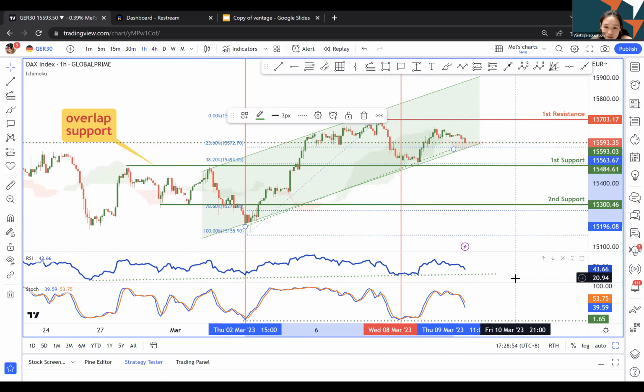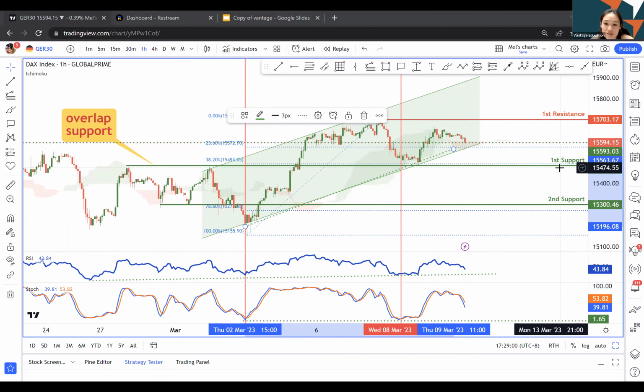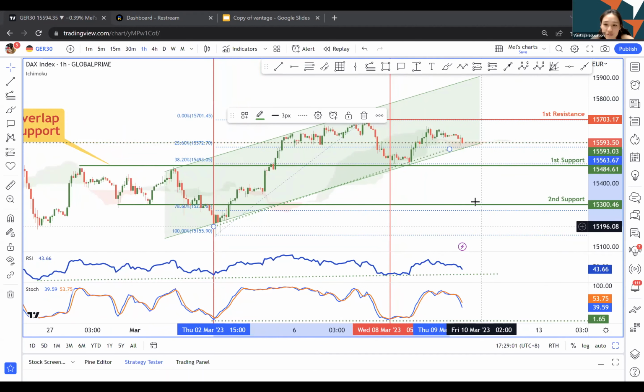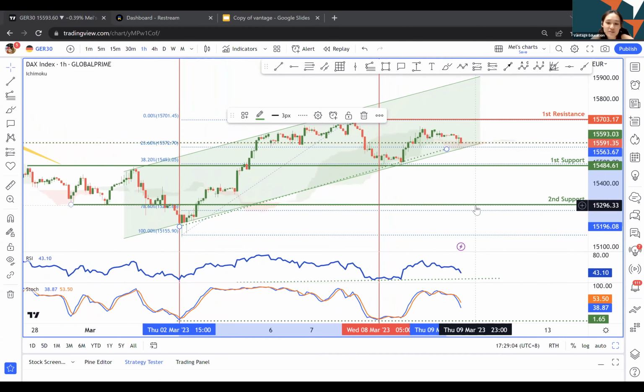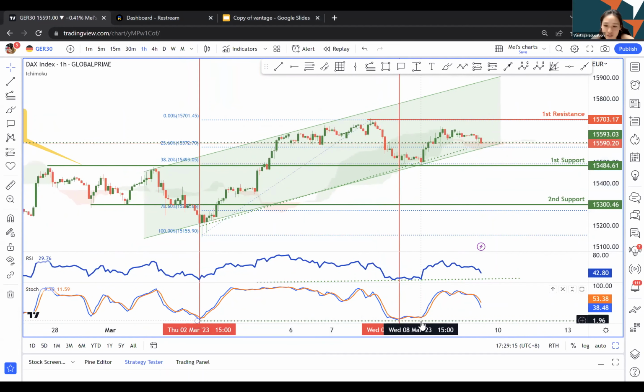So to answer your question, do you think the channel will break downwards? There actually isn't enough evidence to support that price could break out of our channel, apart from our stochastic over here.